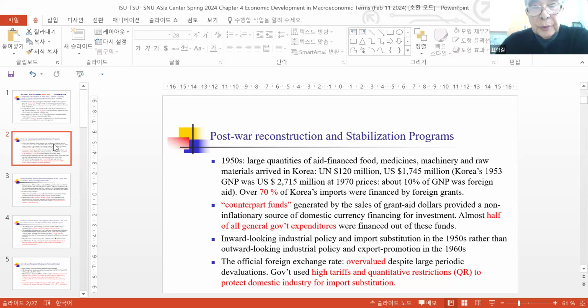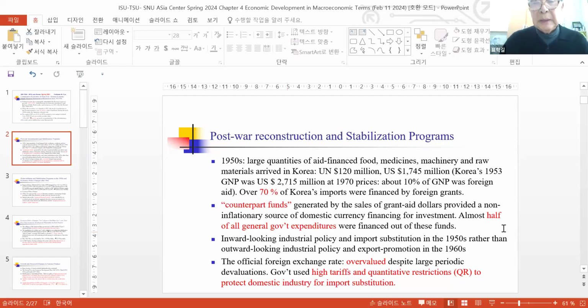In addition, another important policy direction is inward-looking industrial policy and import substitution in the 1950s, rather than outward-looking industrial policy and export promotion in the 1960s. This is a very important remark. Always please remember this remark.